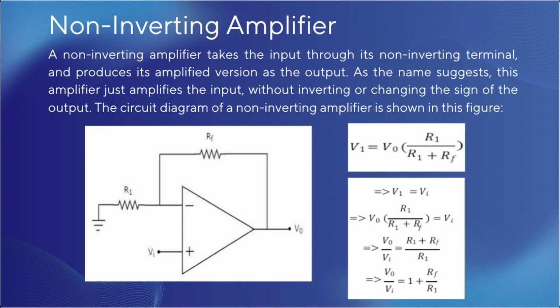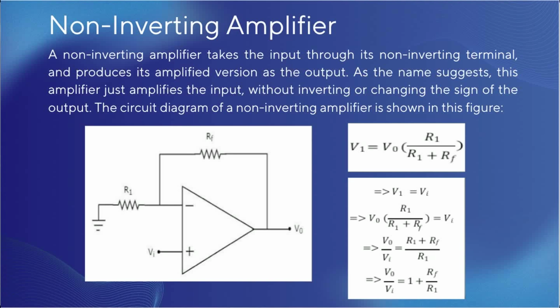Now, the non-inverting amplifier takes the input through the non-inverting terminal and produces its amplified version as the output. As the name suggests, this amplifier just amplifies the input without inverting the output. The circuit diagram of the non-inverting amplifier is shown here.